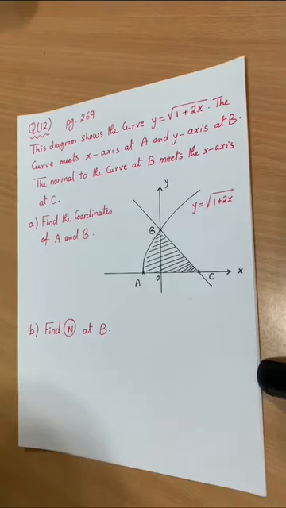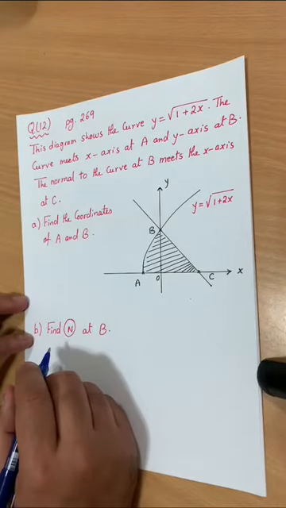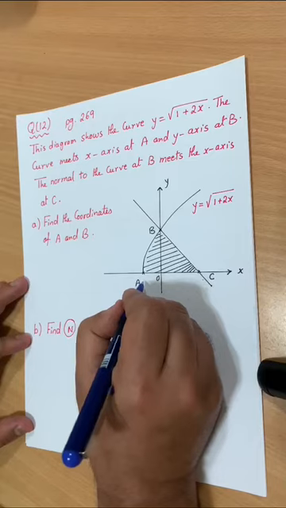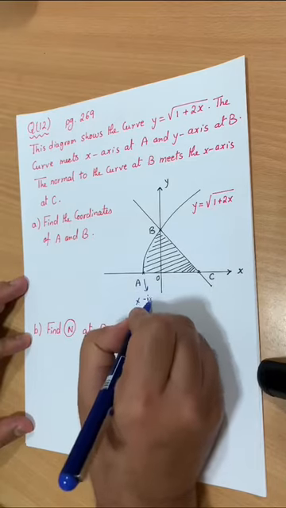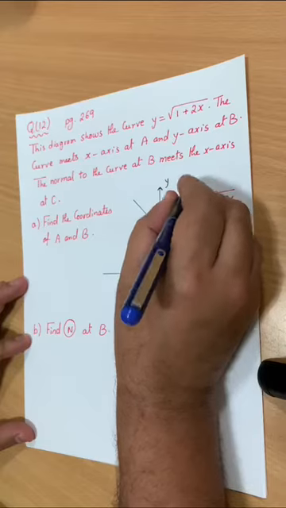Question 12. On the same exercise, this diagram shows the curve y equals square root of 1 plus 2x. The curve meets the x-axis at point A. This is the x-intercept. B is the y-intercept, where the curve meets the y-axis.